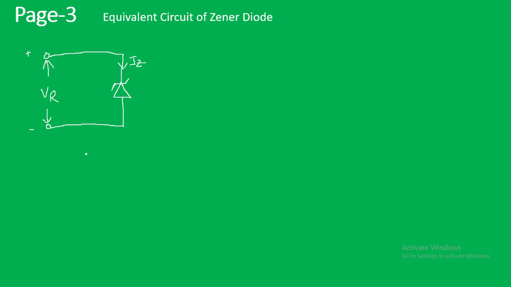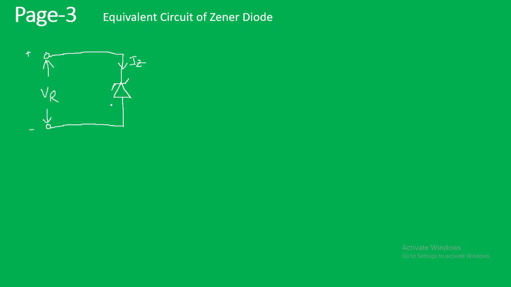The voltage across this diode remains constant even when the reverse voltage Vr is greater than Vz and the current through the diode is changing. That means voltage remains constant but current is changing.